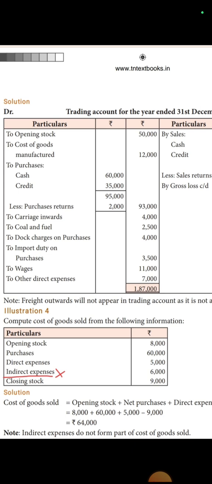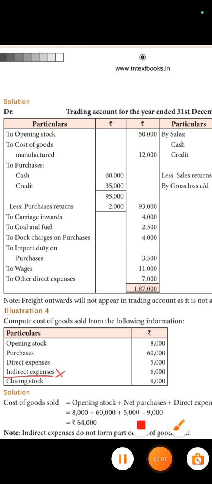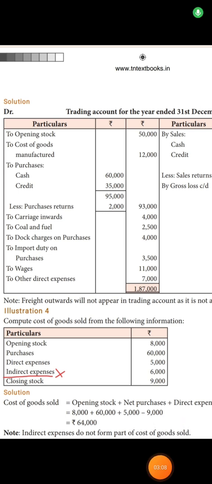Listen, what items come under direct expenses? There are carriage inwards, freight inwards or carriage on purchases, wages, dock charges, octroi, import duty, royalty, coal, gas, fuel and power. These items come under direct expenses.